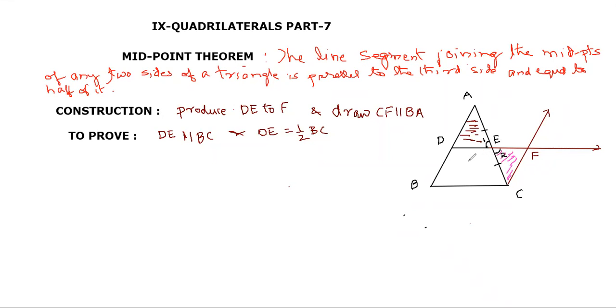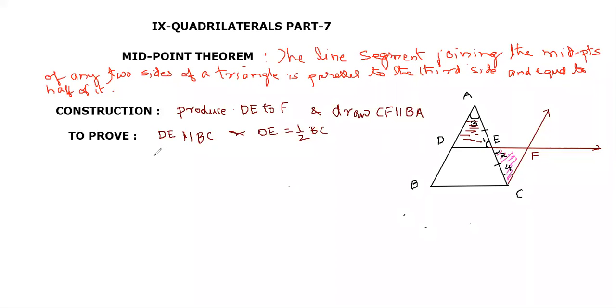Then angle DAE, suppose angle 3, and angle FCE, angle 4. They are equal because CF is parallel to BA, so they are alternate interior angles. So angle, side, angle.